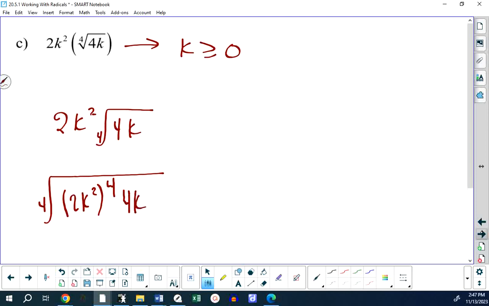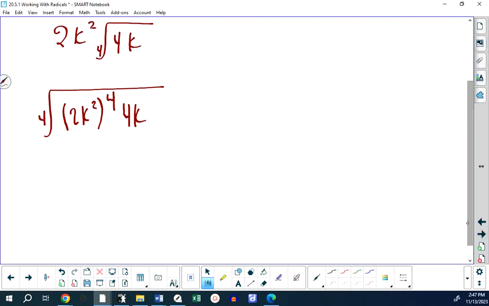We do have to take 2 to the 4 and understand that's 16, which you would get if you wrote 2 times 2 times 2 times 2. And from Math 10, you need to understand when you have what we call a power of a power, you multiply the exponents. So k squared raised to the 4 is k to the 8.